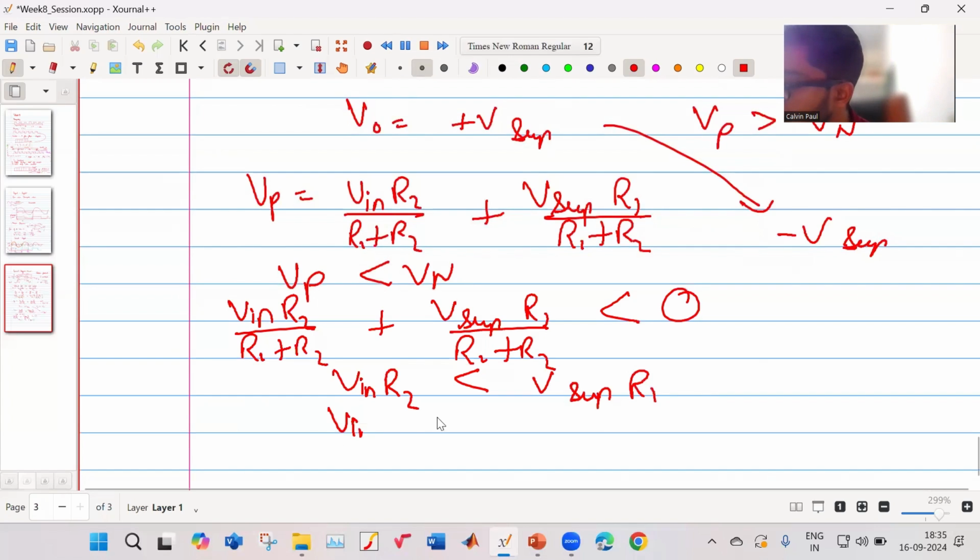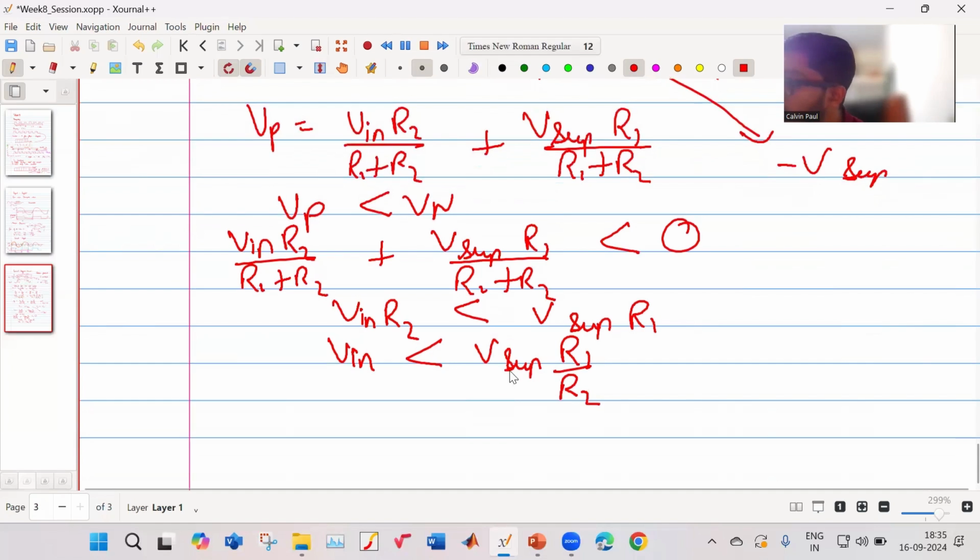That means your Vn should be less than V supply into R1 by R2. So if your Vn goes below V supply into R1 by R2, then what will happen? Your output will become minus V supply.